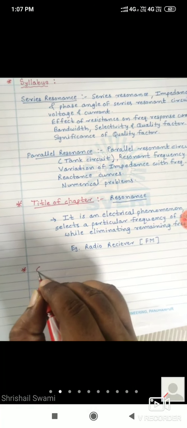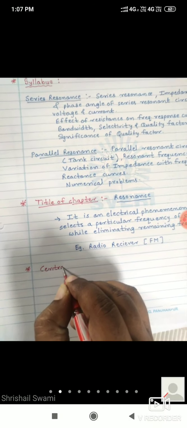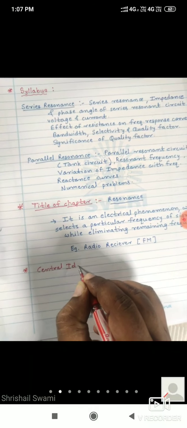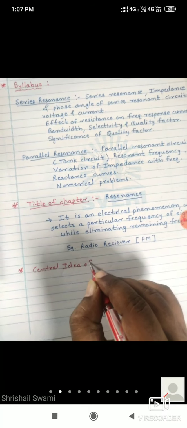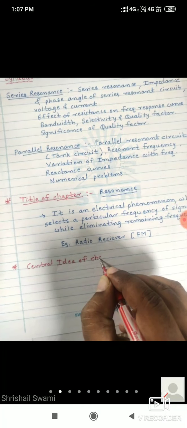Okay, now we will move towards the second point, that is the central idea of the chapter. So what we are going to learn in this unit, that is coming under central idea of the chapter.